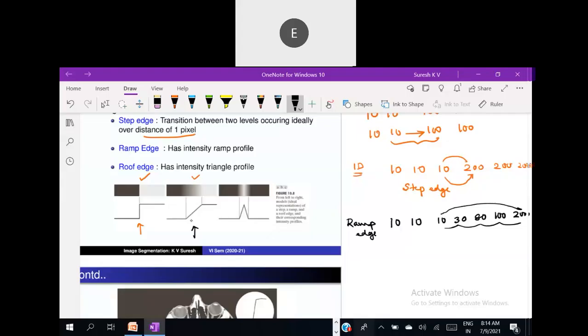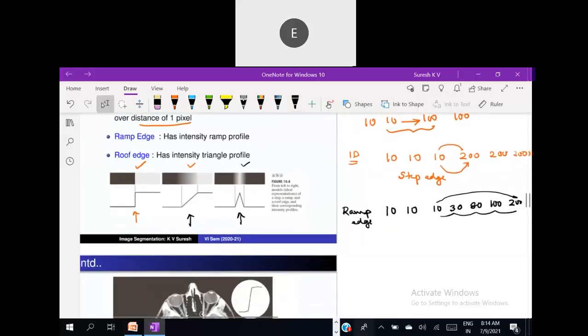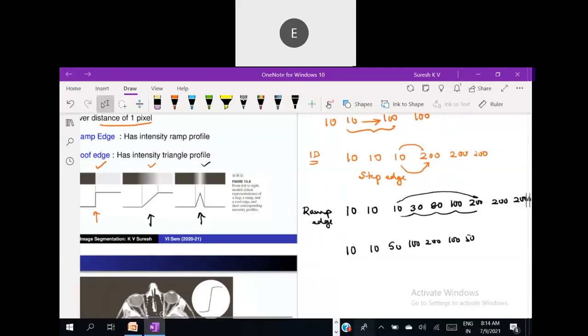Then I think the third one is self-explanatory. It is called a roof edge, which has an intensity triangle profile like this. What I mean is it will be something like this: say 10, 10, then it goes to say 50, 100, 200, comes back to 100, 50, and maybe 10.